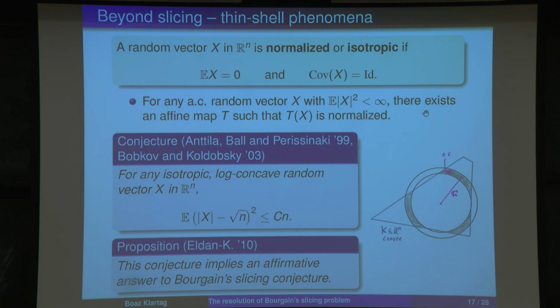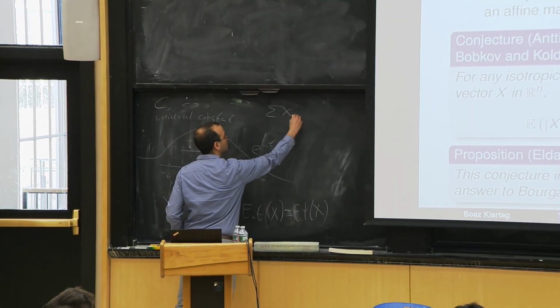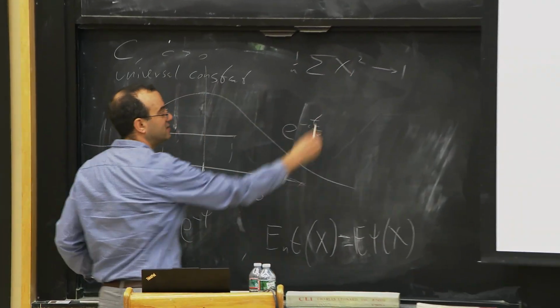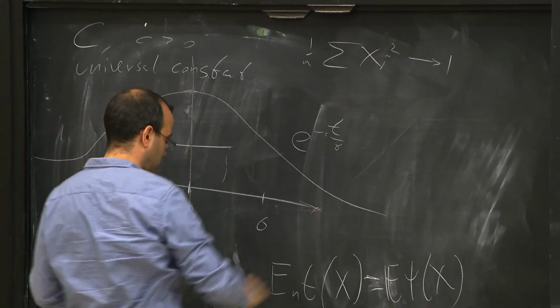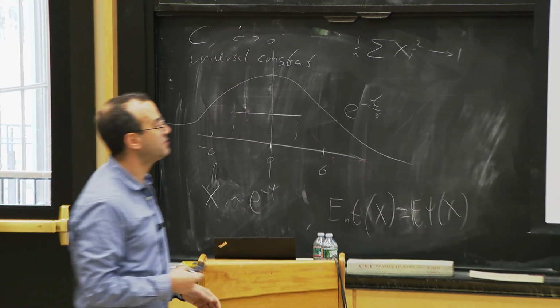This is true for independent random variables because the sum of xi squared over n tends to 1, if they are IID and standardized, so this means that the norm of x is close to a sphere. So for IID random variables, it's kind of very simple.